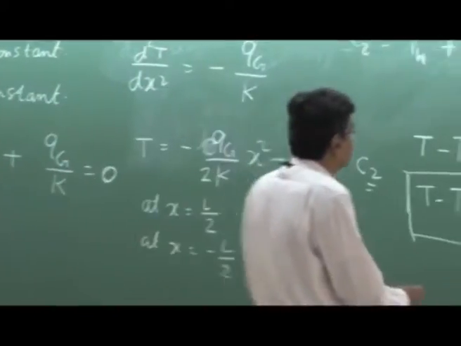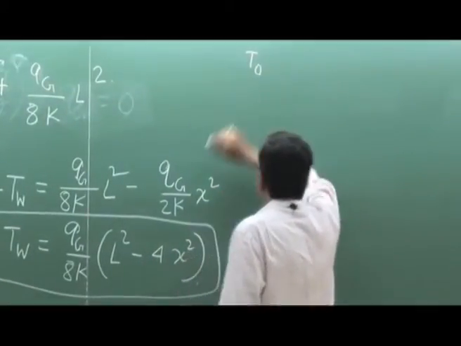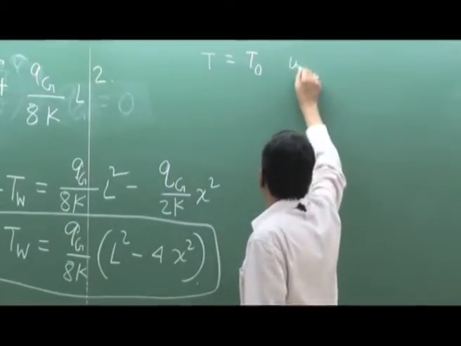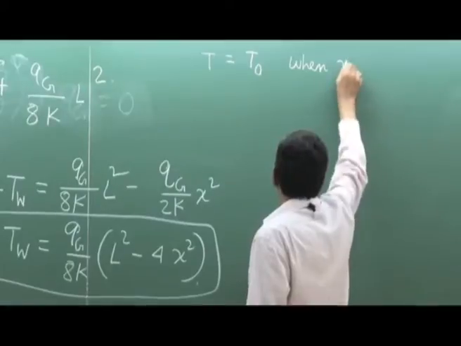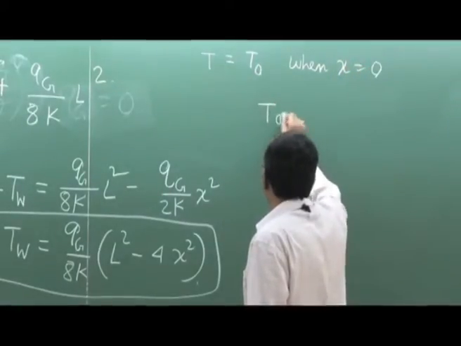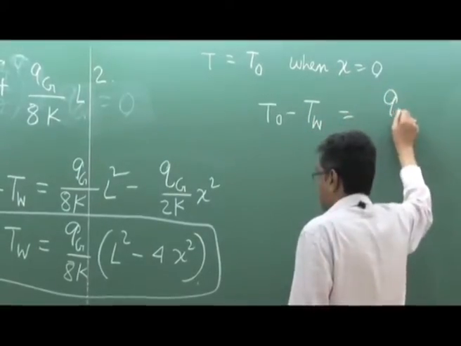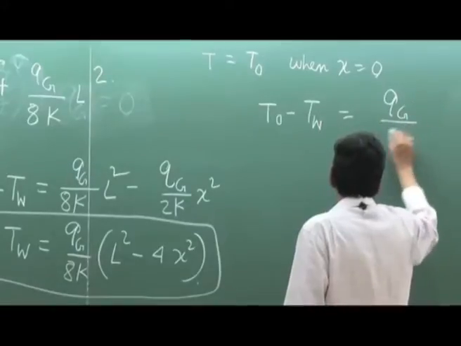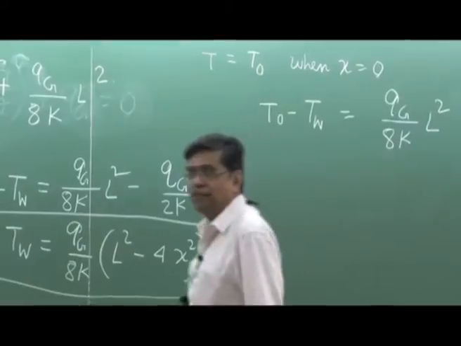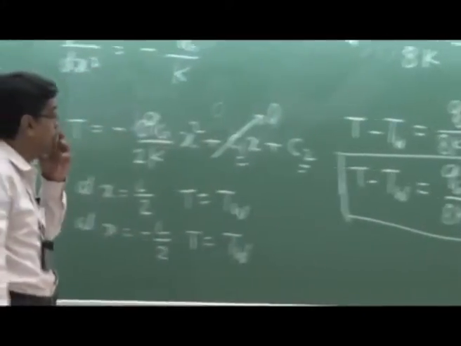If we express this at T0, T0 is the maximum, T equal to T0 when x is equal to 0. That is the maximum temperature. Then we can write T0 minus TW is QG by 8K L square. So I can find out the maximum temperature which occurs at the center or the mid axis like this.